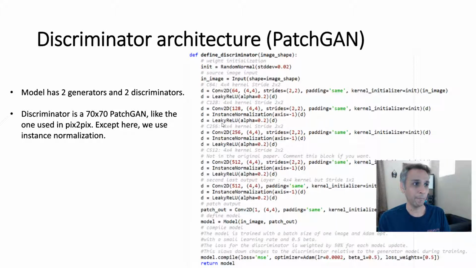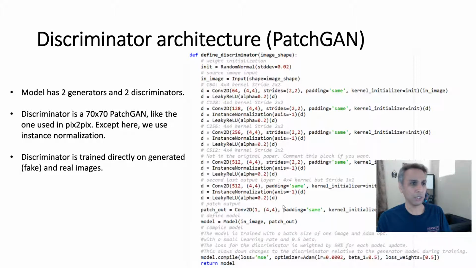That is pretty much it. We have the same leaky ReLU with a slope of 0.2 and so on. So this is our discriminator. Not much to explain, and as you probably know, like in any GAN, the discriminator is trained directly on the generated and real images. Except we learned that it's not just using one fake image. It's actually using a pool of 50 fake images, right? That's exactly what we saw earlier as part of this paper.